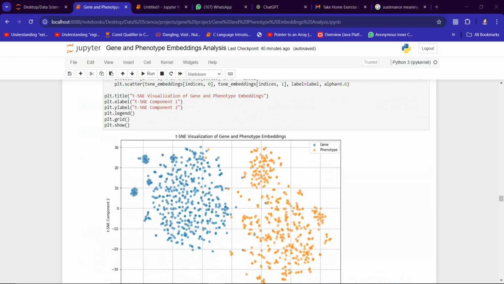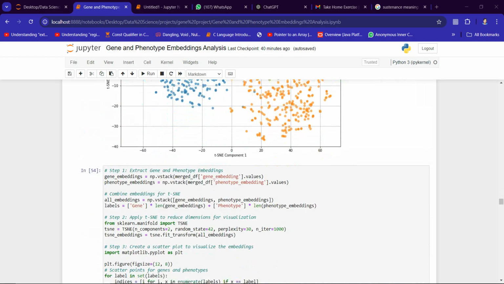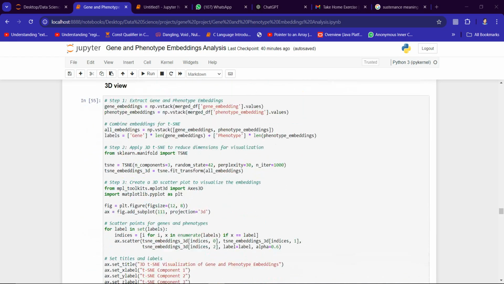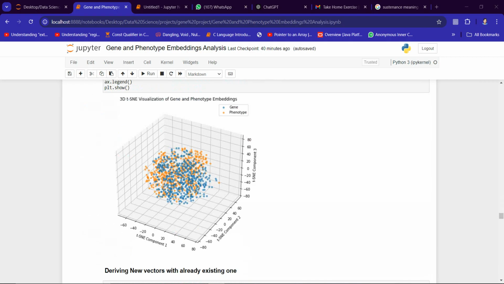Here I plotted TSNE visualizations, and next this is a 3D view. Things are overlapped here. If we see from this view, there will be a plane separating these two clusters.